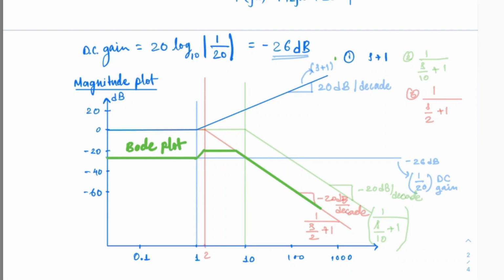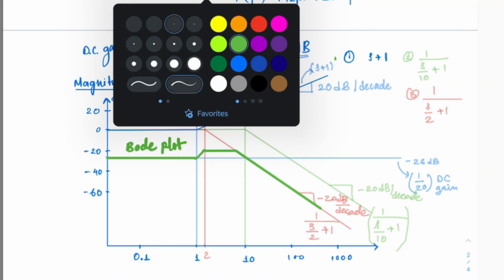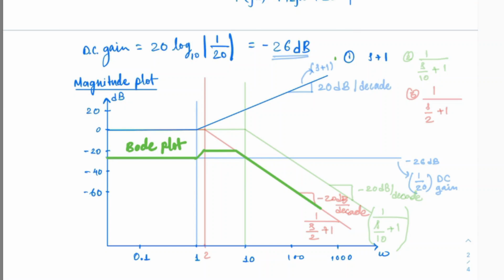So at lower frequencies up to omega equals 10, the DC gain would be the magnitude. If you provide a sinusoidal input to the system with frequency in this particular range, this will be the gain, and in this range, this would be the gain of the system.